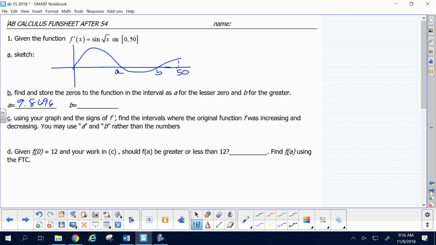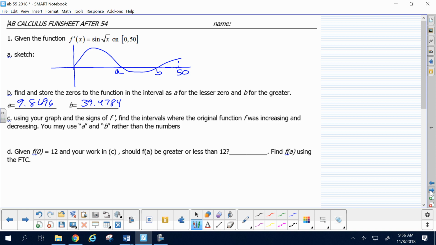So I would take 869 or 870 or more decimals. B was 39.478. How about you? Do you agree? I hope so, because everything else is going to be wrong if you don't agree. Are we good? Okay, thanks, Tegan.